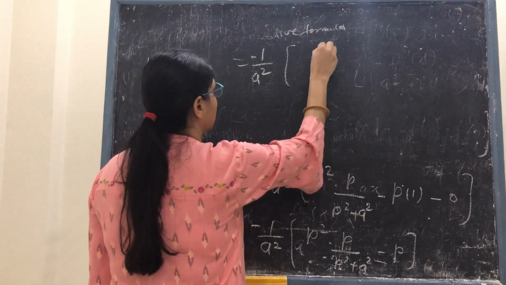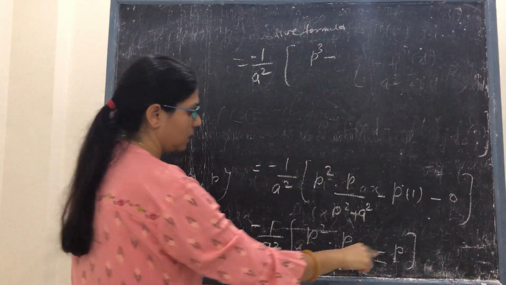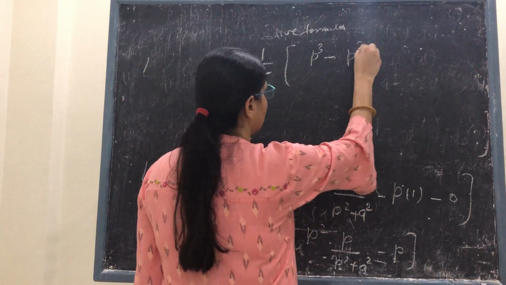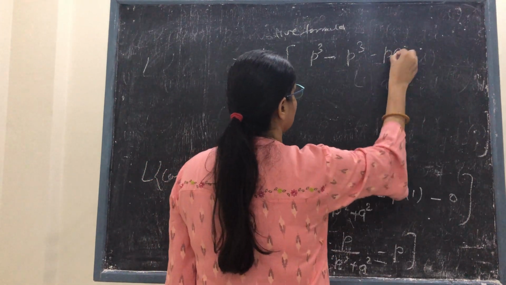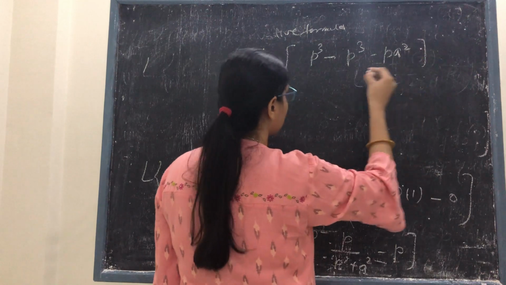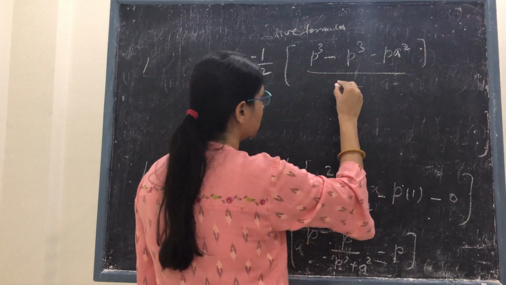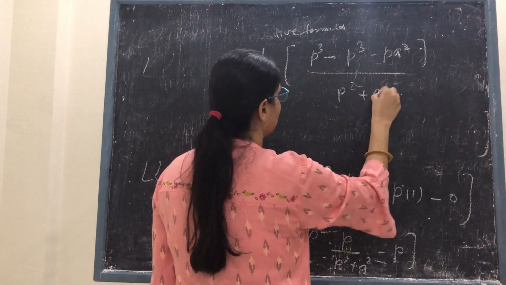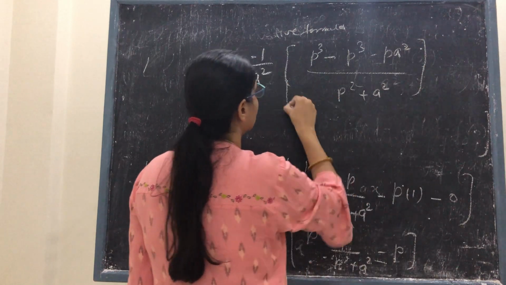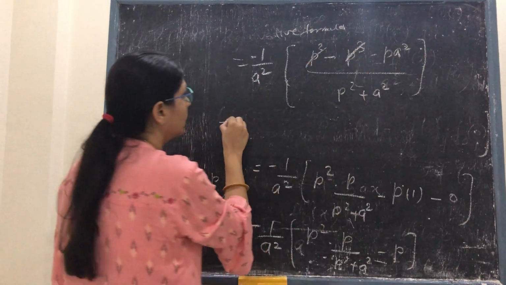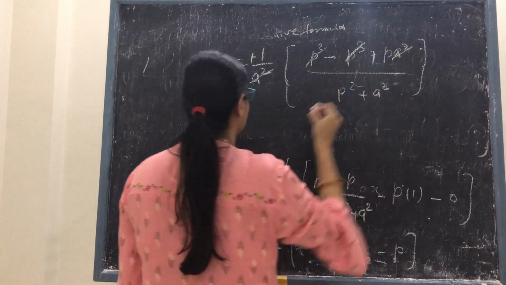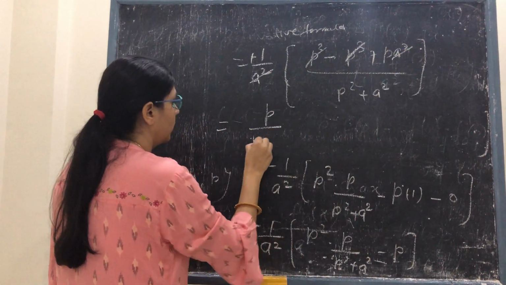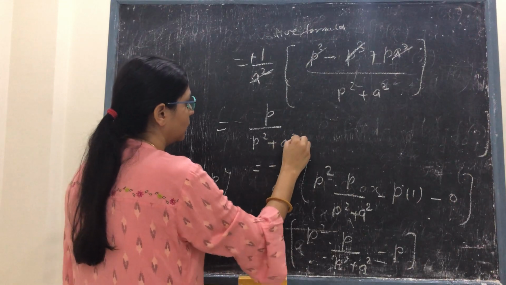This is p cube minus p cube minus p a square over p square plus a square. p cube and p cube cancel. Minus 1, this a square cancels, which gives p over p square plus a square.